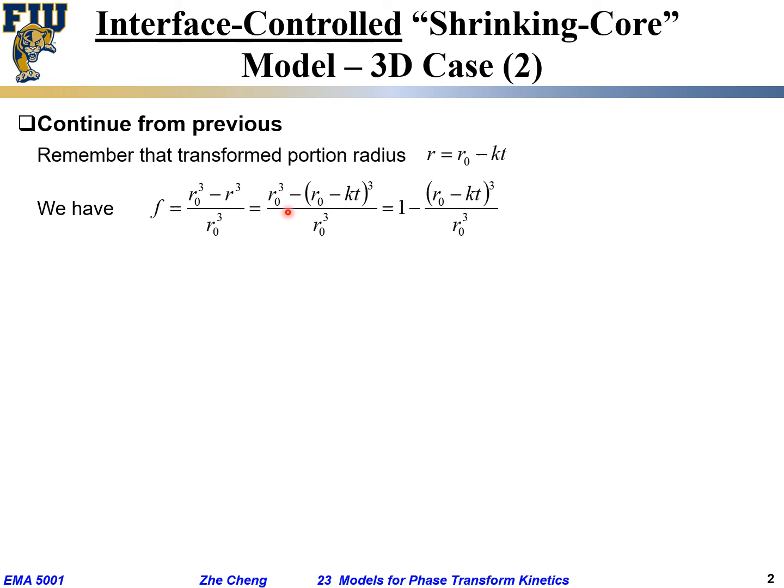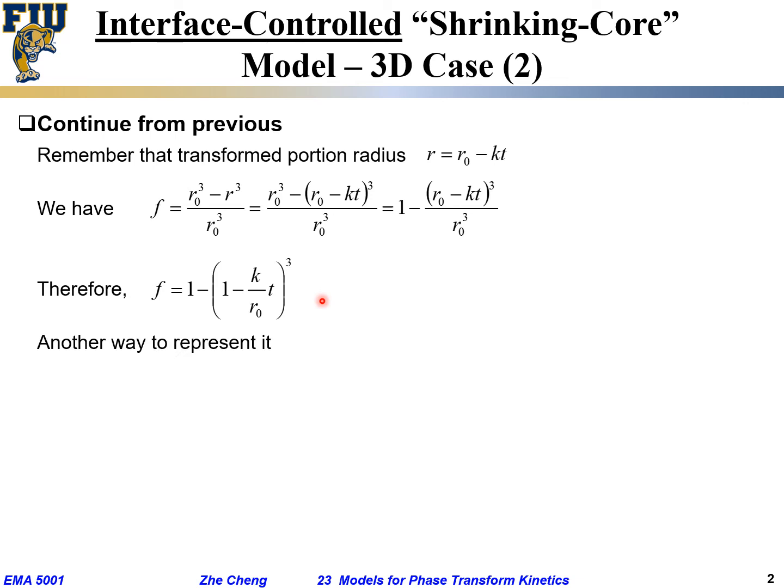So we have R0 cube divided by R0 cube, which would be 1, minus R0 minus kt over R0, both to the power of 3. Okay? And then we can rearrange: the fraction of conversion F would be 1 minus, combining these two, 1 minus k over R0 t, to the power of 3.